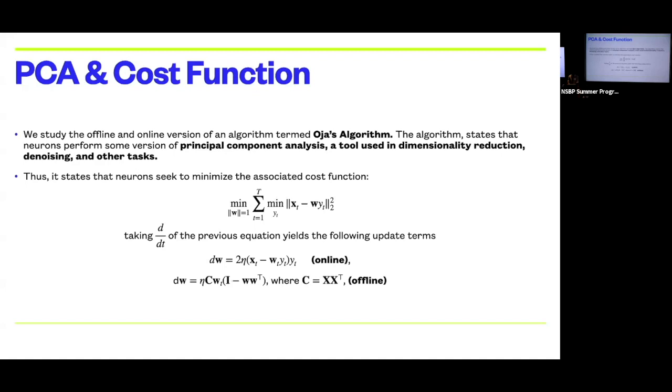And from the cost function shown on the screen here, you're able to derive update functions for the weights, or the synaptic strengths, of neurons.